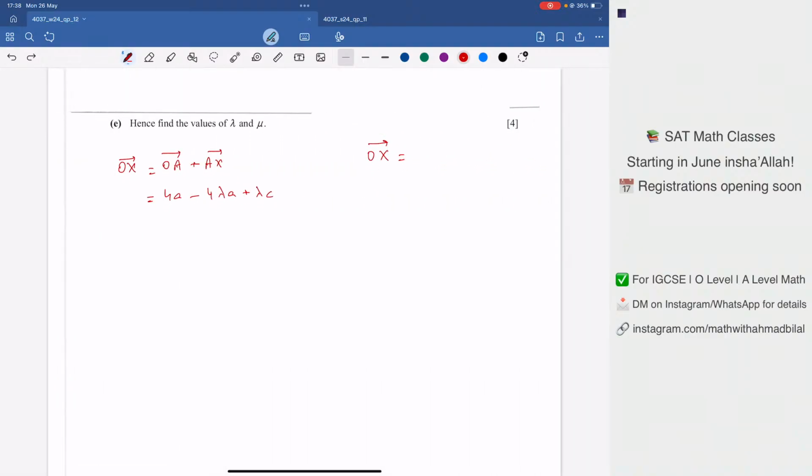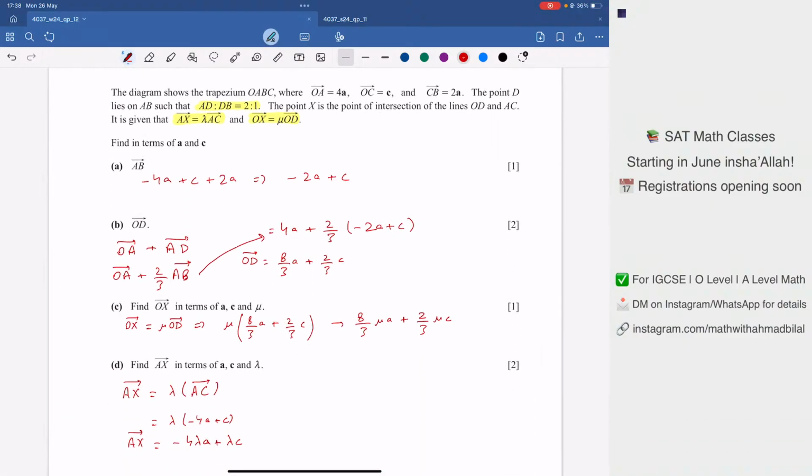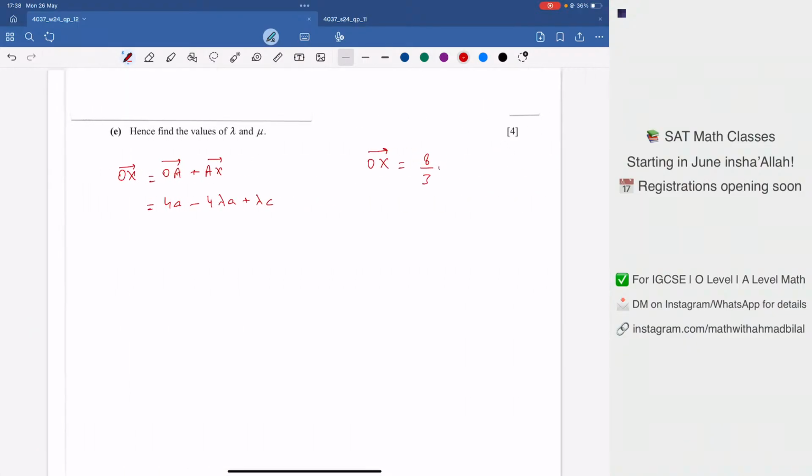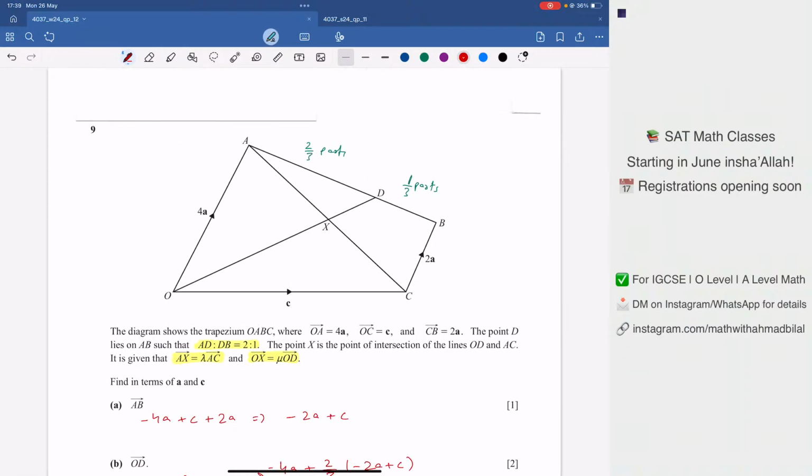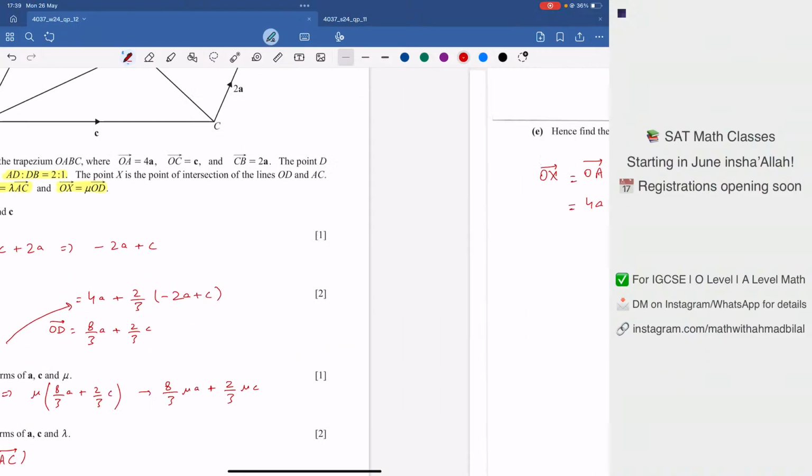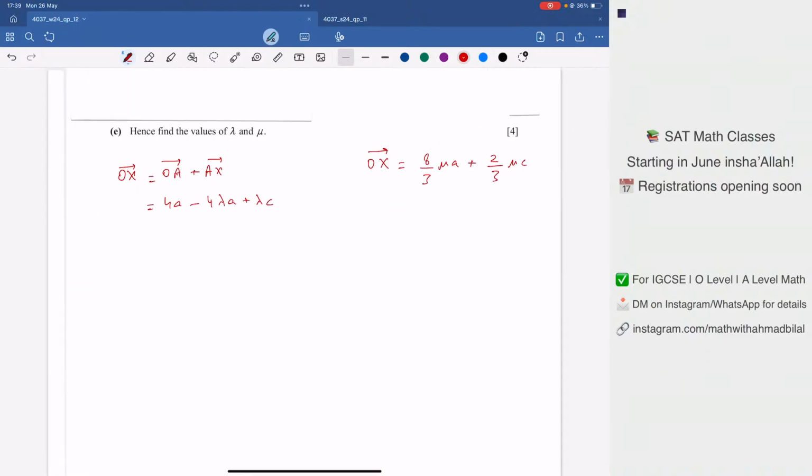8 over 3 mu A plus 2 over 3 mu C. That was the other OX vector. We can compare both of them. They should both be the same. Now, what's the coefficient of A that we're getting here? We could take A common.